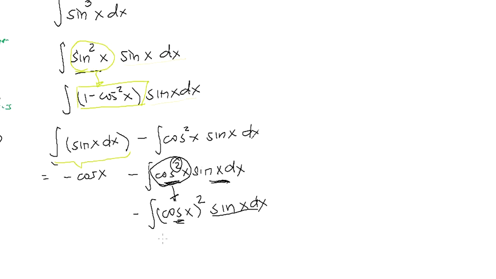So our technique is just we let some variable u equal to cosine x, then the derivative of this is just the derivative of cosine, which is negative sine x dx.